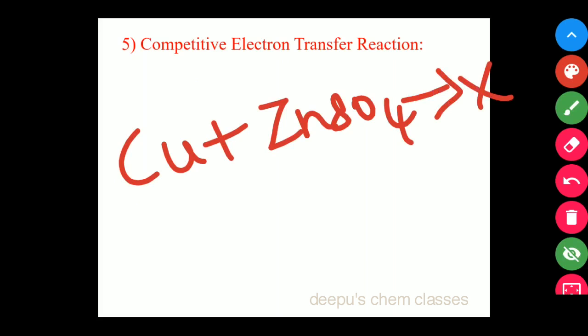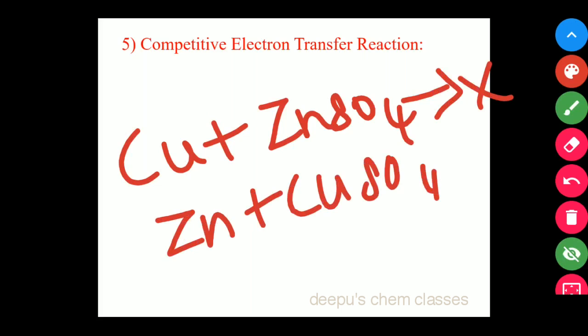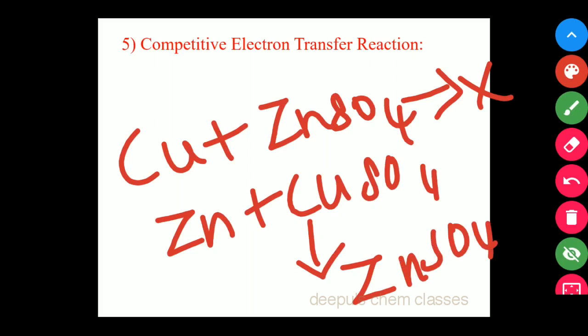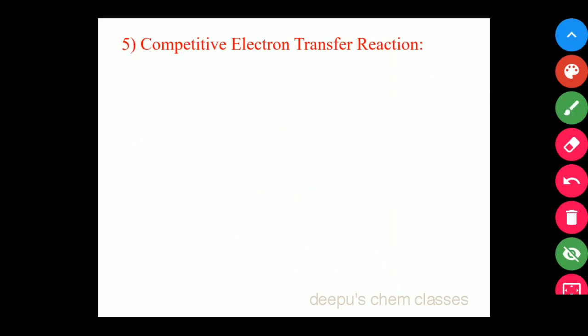But if you take zinc and copper sulfate solution, the reaction occurs because zinc is able to displace copper from copper sulfate solution because of the electron releasing nature of zinc. You can get the product. Okay, right.